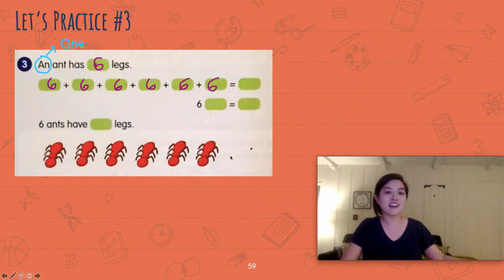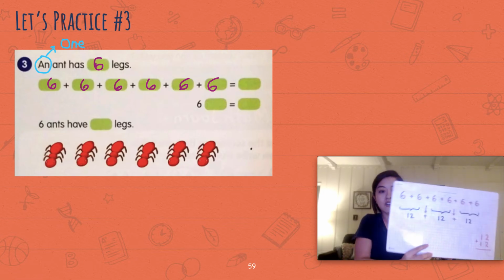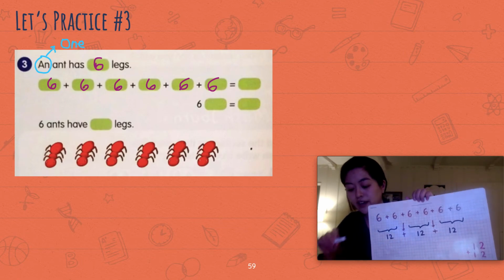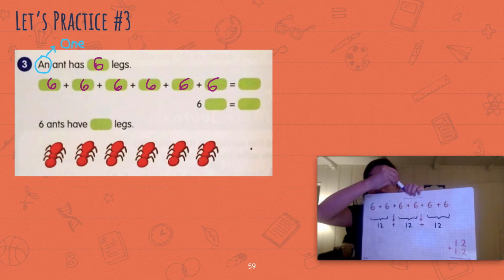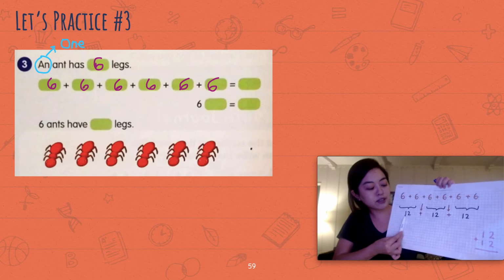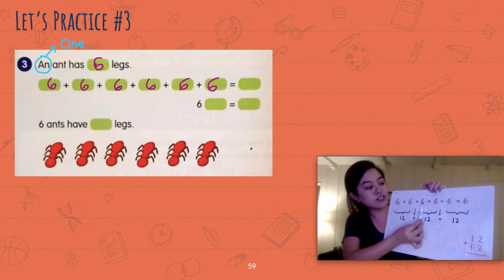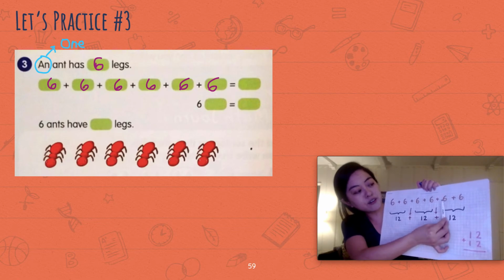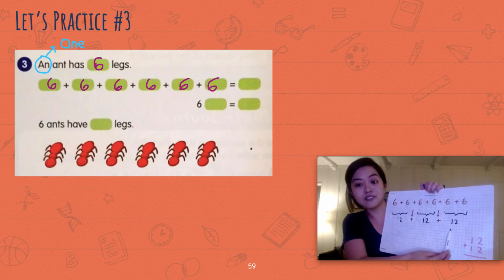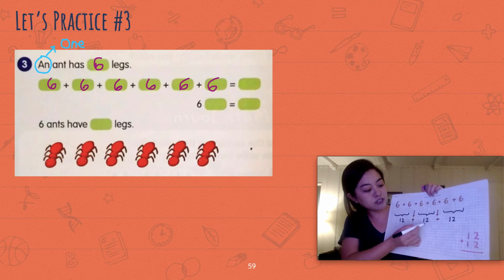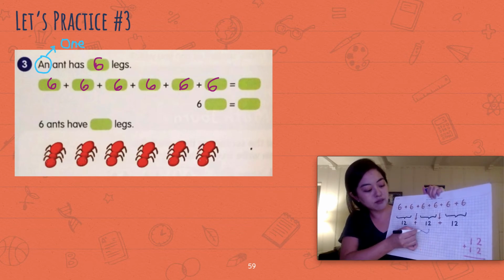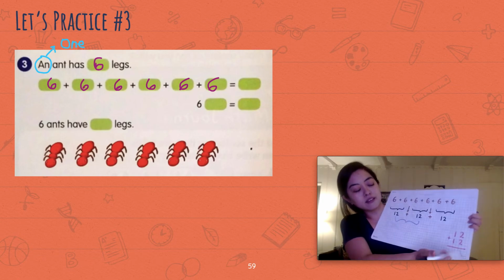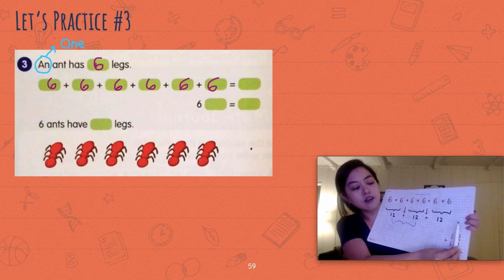Okay, and well, how am I going to add it? So I'm going to use my knowledge of my doubles facts. Okay, I know that 6 and 6 make 12. And here I have another 6 and 6, and that makes 12. Then I have another 6 and 6, and that makes 12. Okay, so now I'm going to add 12 and 12. Okay, so I stack them up like this, and I'm going to add the ones.